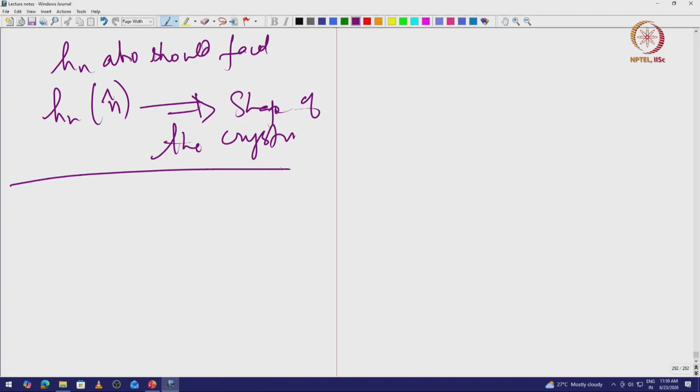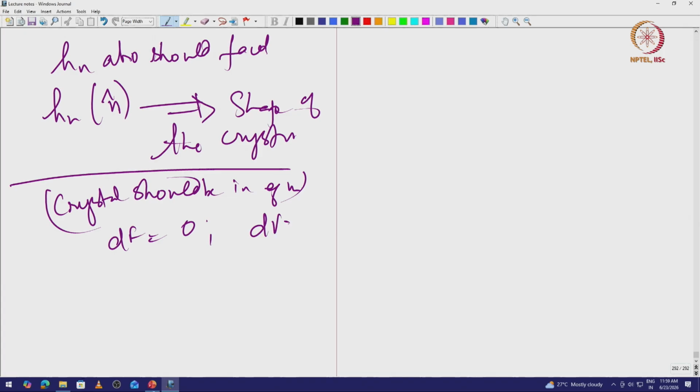The derivation goes like this: the crystal should be in equilibrium, so dF equals 0, and I am not changing the volume. So essentially I am doing the same calculation: for a given volume, what is the equilibrium shape?